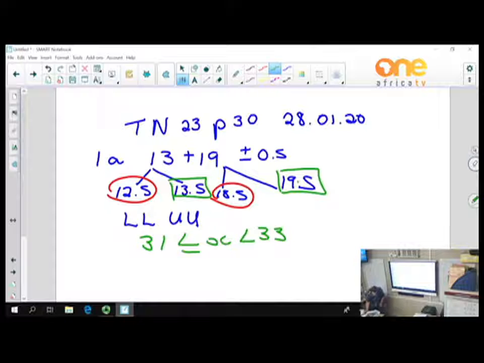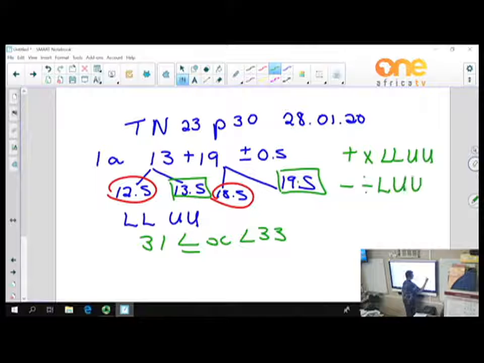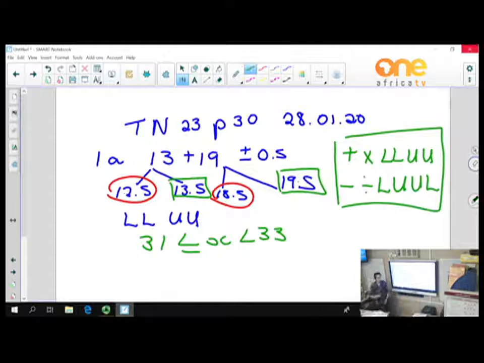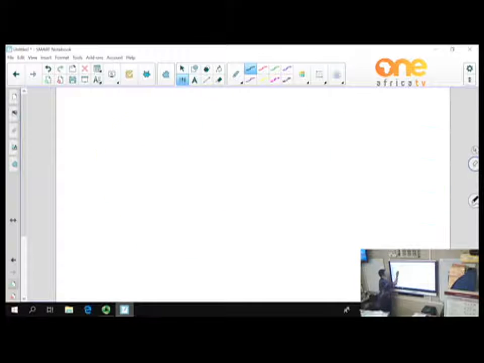Okay, I want you to try now exercise 23, number 1 and 2. Let's quickly do them. And now remember, all the time, if it is addition or multiplication, it's lower, lower, upper, upper. And if it's minus or divide, it is lower, upper, upper, lower. This is what we should remember now. Okay, exercise 23. Let's just do the first 3 together so that you can understand, because I can see there are questions.